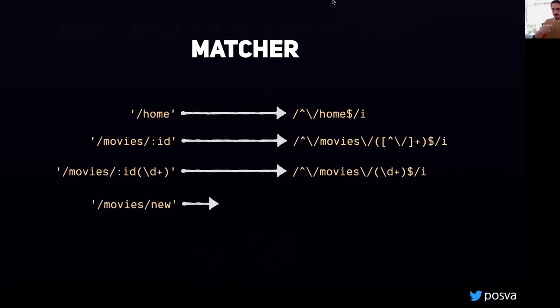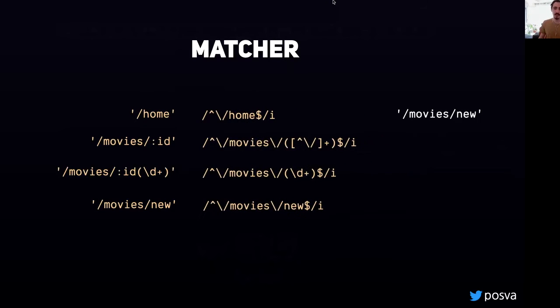Now, the problem with this approach is that when we add a new route, because they have an order, the matcher is going to test them in that order. So if we add a route that is movies/new, which only matches the word new after movies, when we try to match a URL, for example, movies/new, it's going to try them in order.